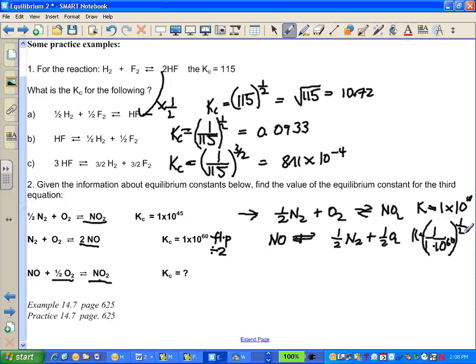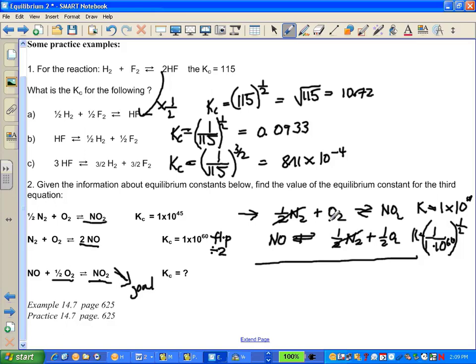So these two equations, when we add them, should equal the goal equation, which we are trying to achieve. Okay, so the goal equation, if we look at this, we've got N2 on both sides of the equation, so those will simplify.